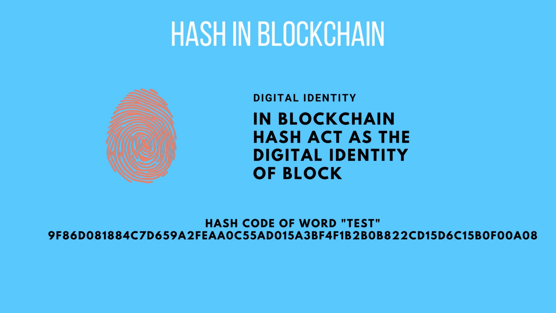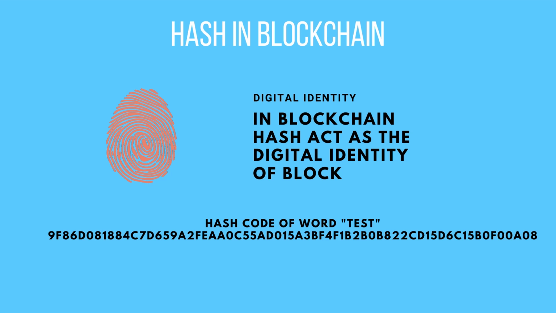So the next part is the hash. As in the real world, each and every person has their own identity, right? And to validate the identity, we have fingerprints. On the entire planet, no two people have the same fingerprint, right? In the digital workspace as well, each and every word, sentence, or value has its own identity called the hash.